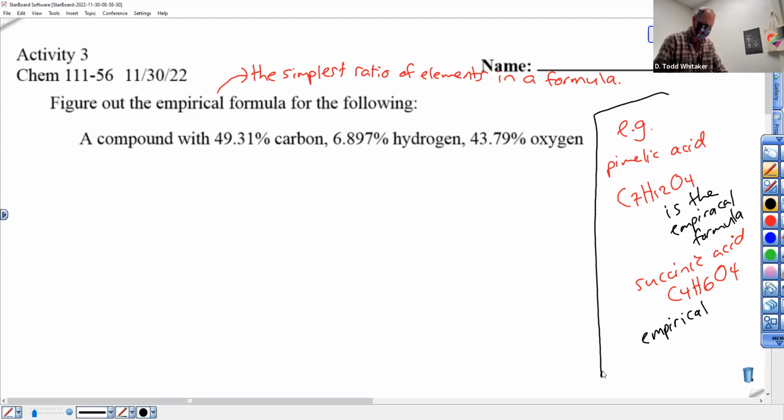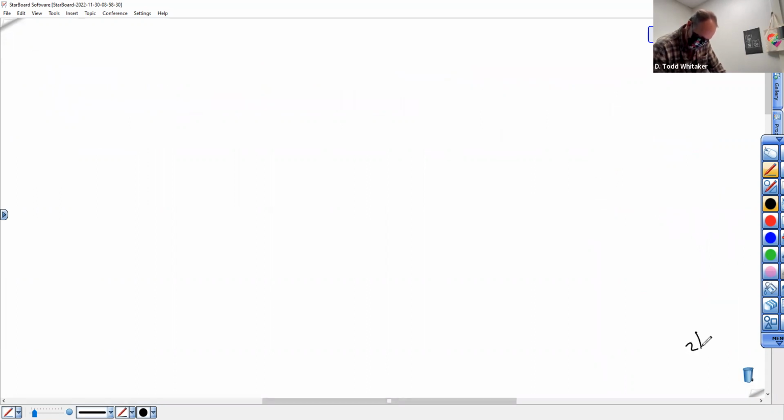You don't have to write any of this for the activity. So the simplest ratio in there is, well, they all divide by 2, do they not? Every one of those numbers, 4, 6, and 4. Divide by 2, you get C2H3O2.